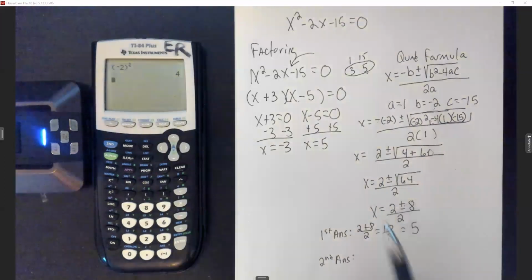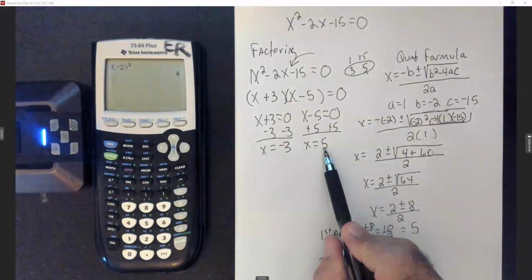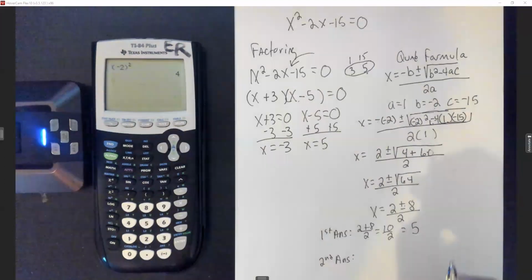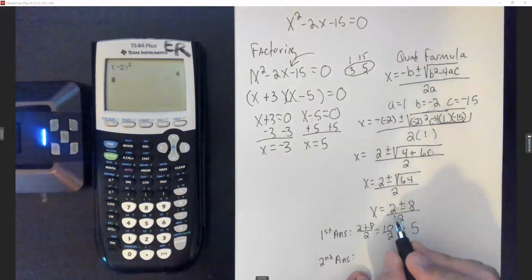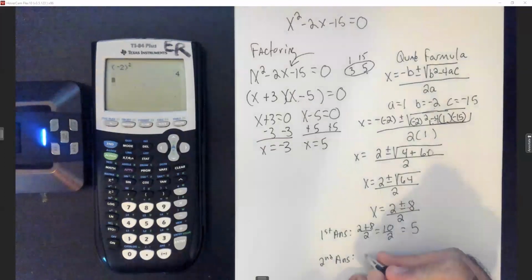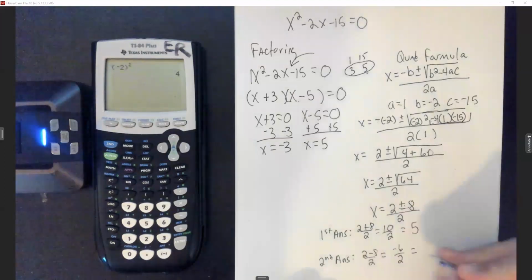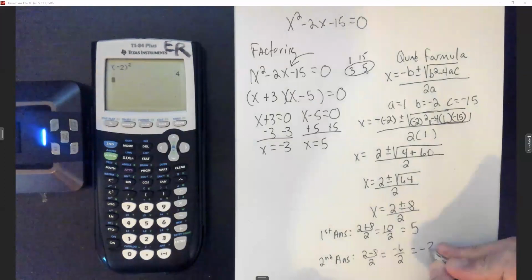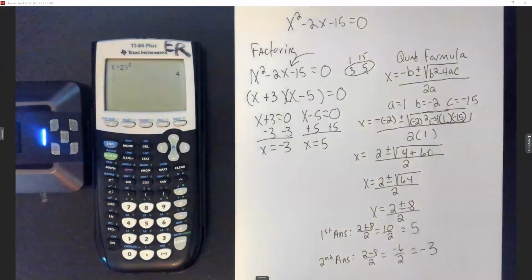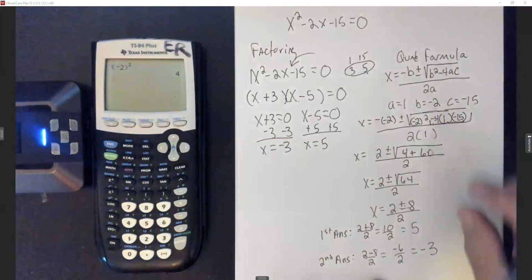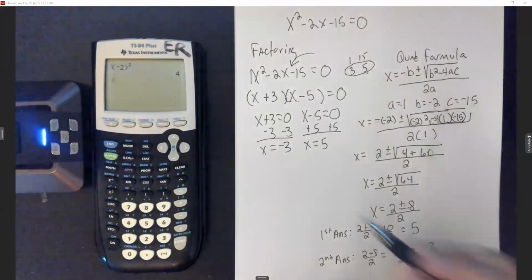Well, that's what factoring gave me, was a 5 for one of my answers. Now the second answer, you use the subtraction. So you'll have 2 minus 8 over 2, which is a -6 over 2, which will give us a -3. So notice, no matter which way I did it, I still get the same answer.